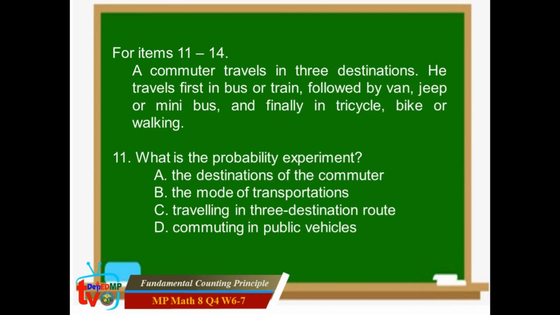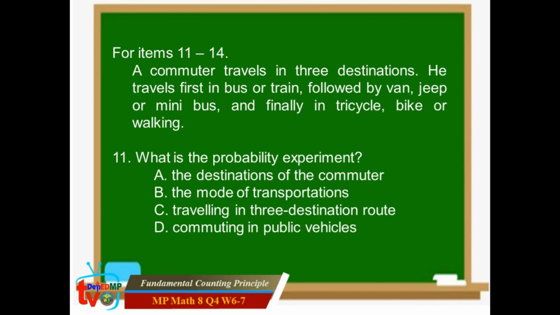For items 11 to 14, a commuter travels in 3 destinations. He travels first in bus or train, followed by van, jeep or minibus, and finally in tricycle, bike, or walking. 11.